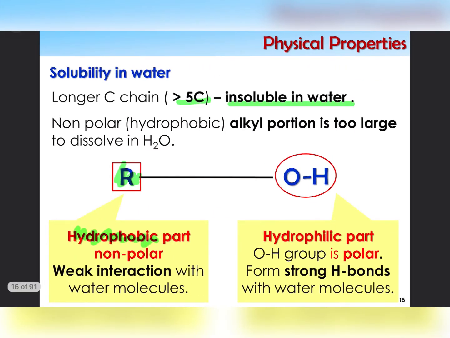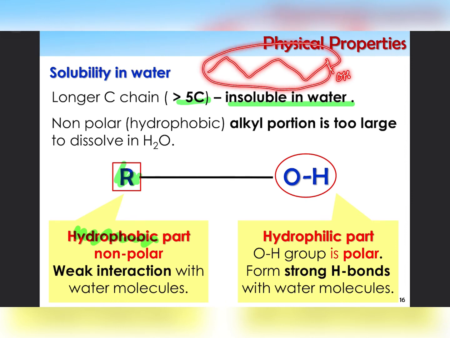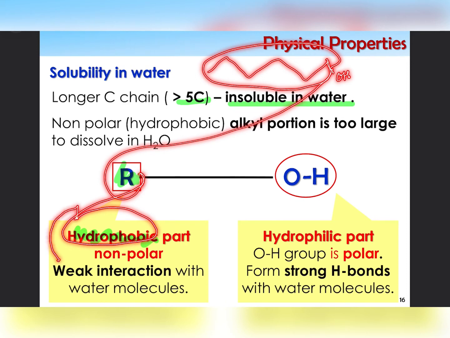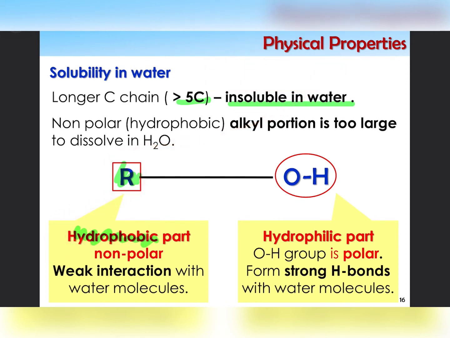Okay, but if you have longer carbon chain, contoh 1, 2, 3, 4, 5, 6, hexanol. So if it is more than 5 carbon, you can see that this part adalah alkyl group. So alkyl group adalah hydrophobic part. Maksudnya dia tak larut dalam air. It will cause it to have weak interaction with water molecule.